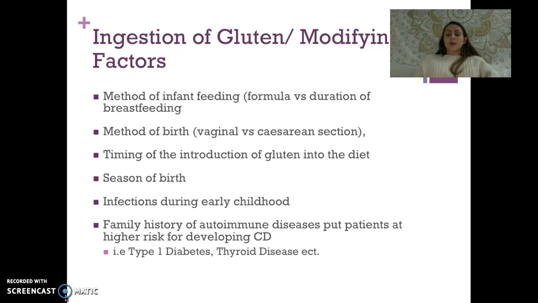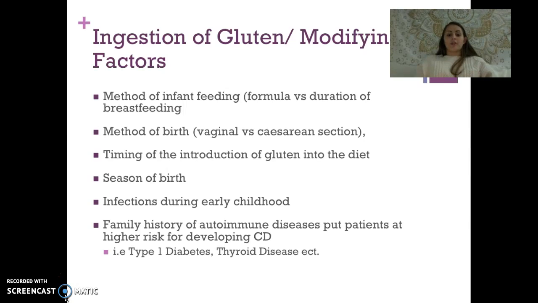Just because you have these alleles or genes doesn't necessarily mean you're going to get celiac disease. It also goes back to the ingestion of gluten and other modifying factors. Formula feeding or the duration of breastfeeding could affect how you develop celiac disease.